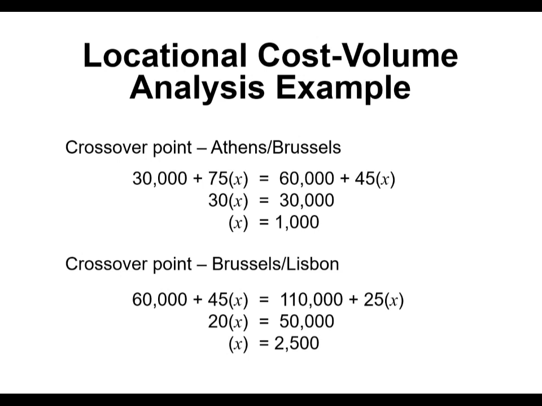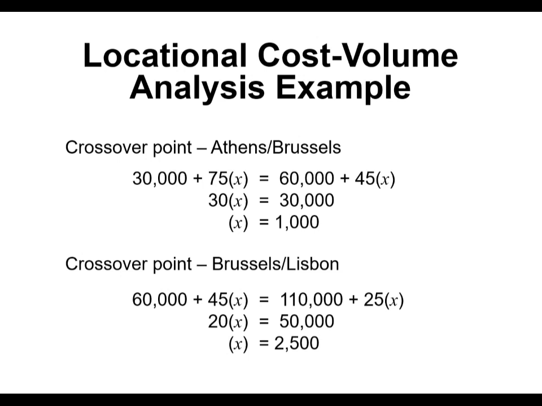So how many crossovers do you have to find? We have three locations. So you have to find the crossover between Athens and Brussels, and also between Brussels and Lisbon. Okay, so we find two crossovers. So how to find the crossover?